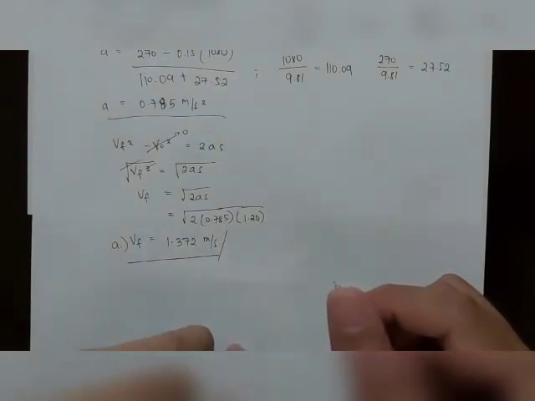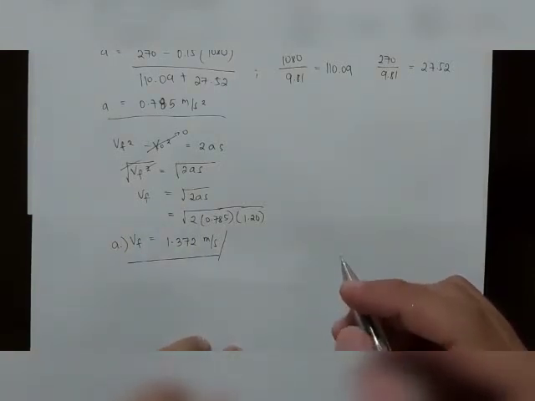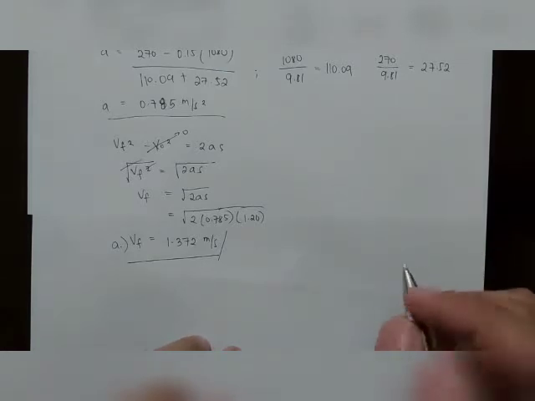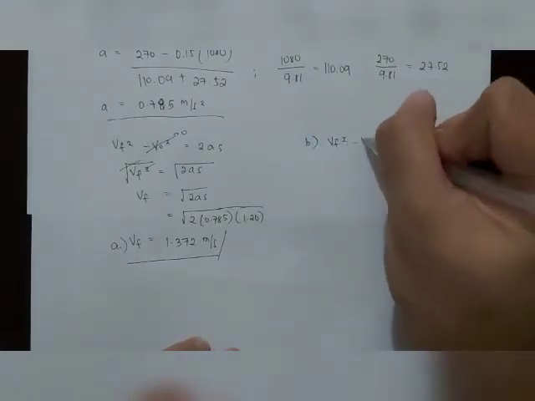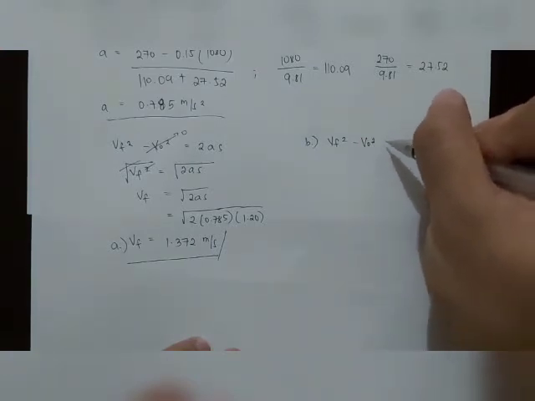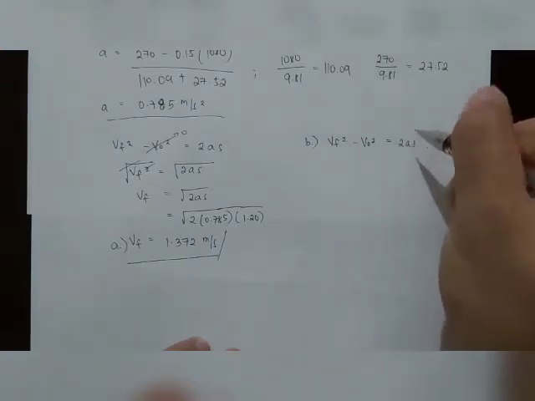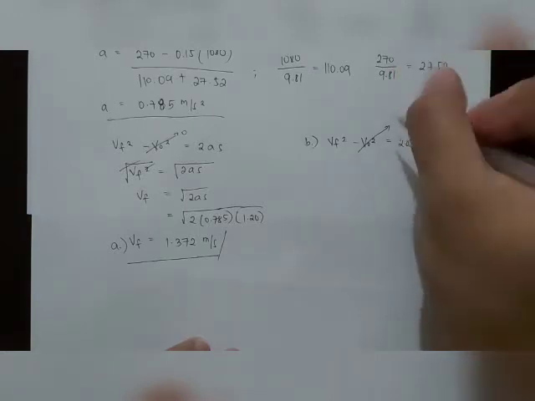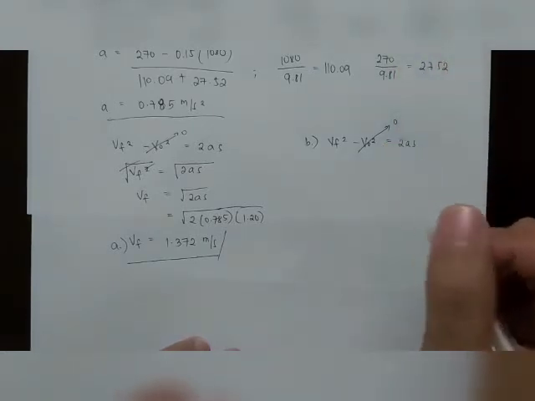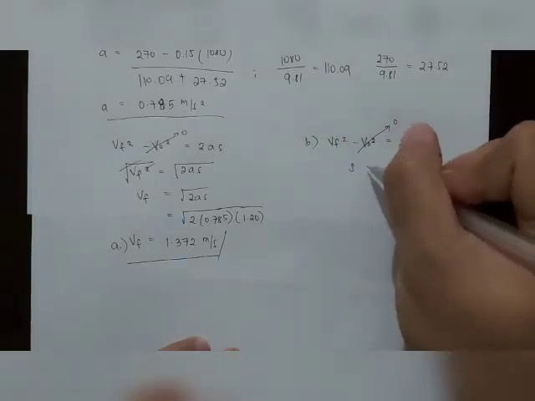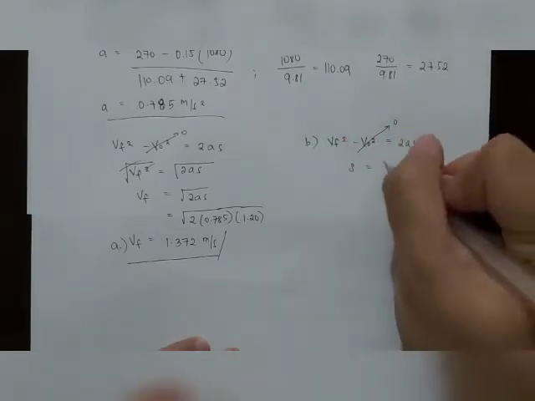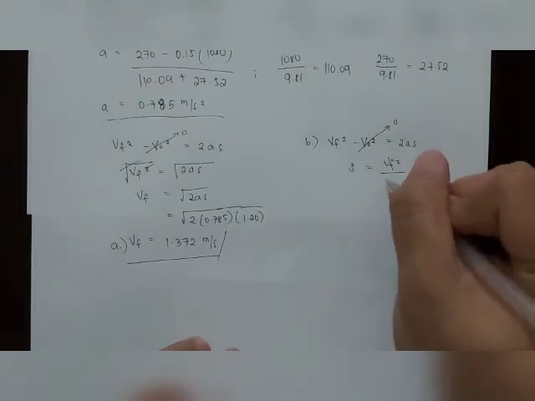Then for B, how far from the edge of the table will block A stop? So we have the formula for that. Vf squared minus Vo squared, or initial velocity squared, equals to 2 times a times s. So again, we have no initial velocity, so that will be equal to 0. So hinanap natin dito is distance. So we have S is equal to, transpose lang natin, Vf squared over 2a.